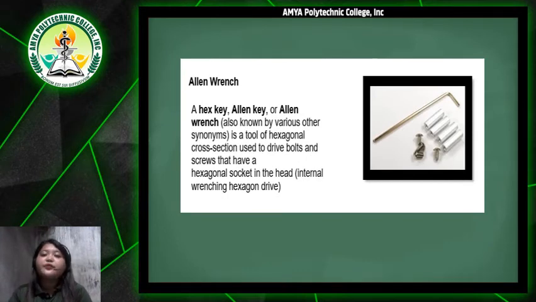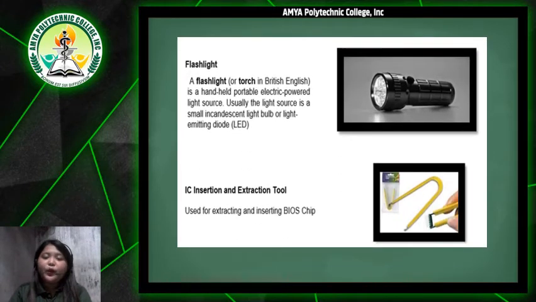Next, we also have the Allen wrench. A hex key, Allen key, or Allen wrench, also known by various other synonyms, is a tool of hexagonal cross-section used to drive bolts and screws that have a hexagonal socket in the head, or the internal wrenching hexagon drive.